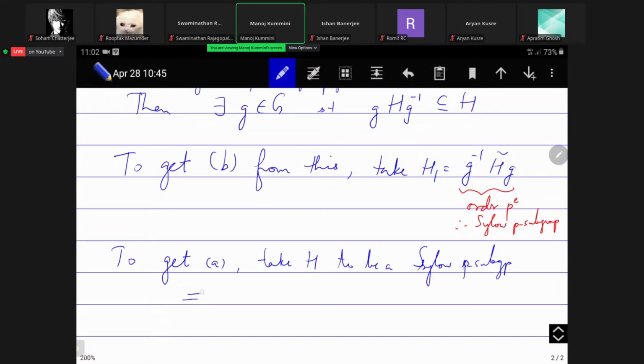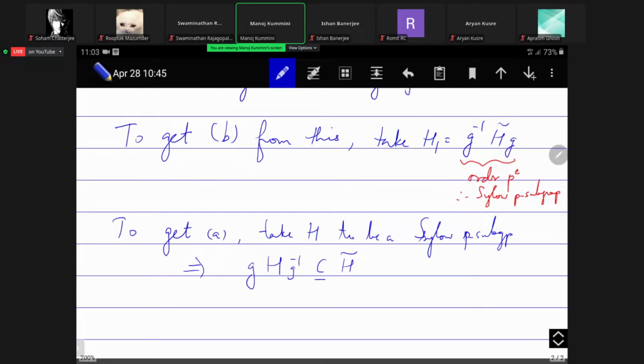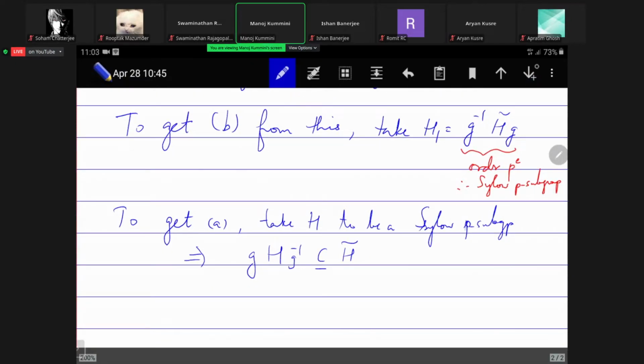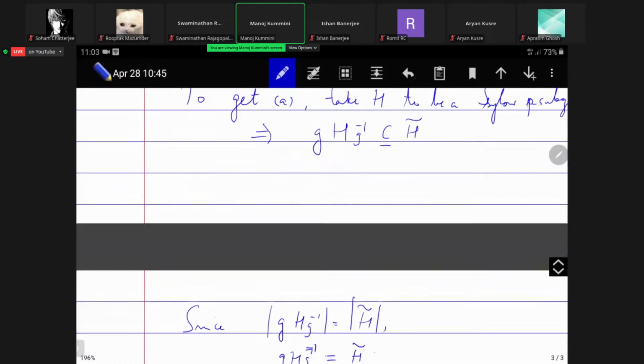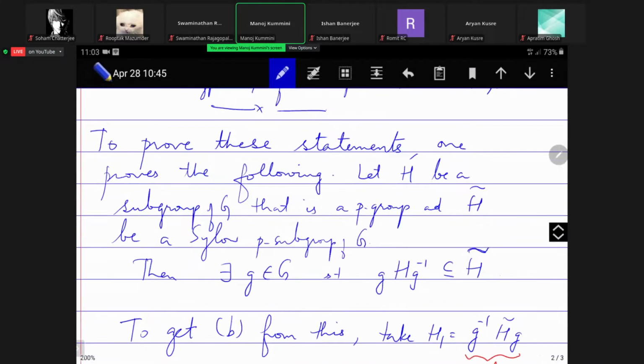So this implies that g H g inverse is inside H tilde. They both have the same cardinality, since the order of g H g inverse is equal to that of H tilde, g H g inverse is equal to H tilde. So this statement proves both A and B.